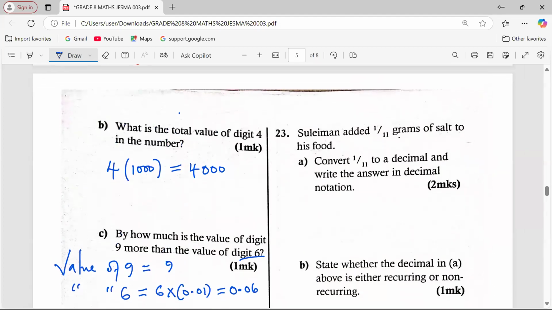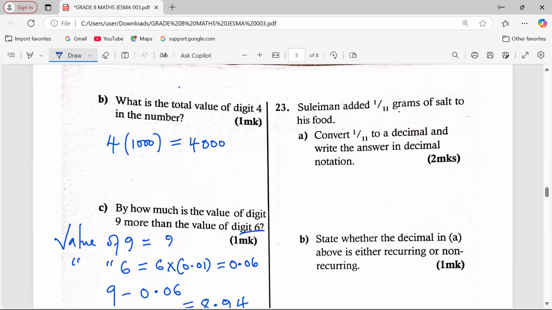23. Suleiman added 1 over 11 grams of salt to his food. Convert 1 over 11 to a decimal and write the answer in decimal notation. So we're going to take 1 over 11. This is giving us 0.090909 that way, such that 09 is repeating itself.